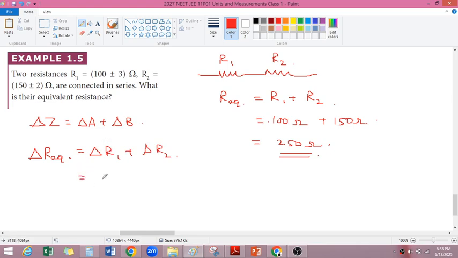So this will be 3, this will be 2. That means 3 plus 2 will be 5 ohms. So here you should say that R equivalent plus or minus delta R equivalent is nothing but 250 ohms plus or minus 5 ohms.